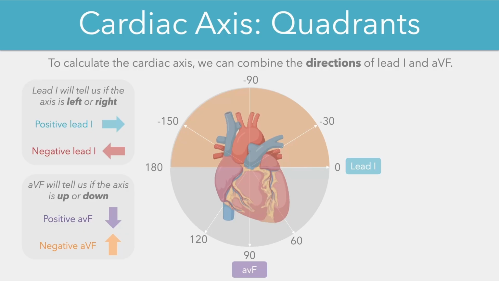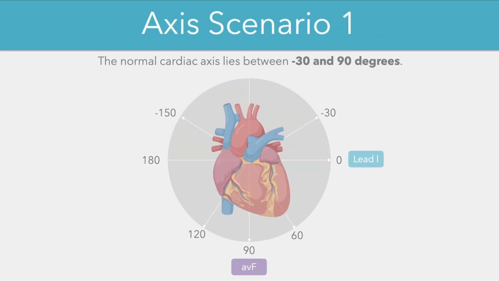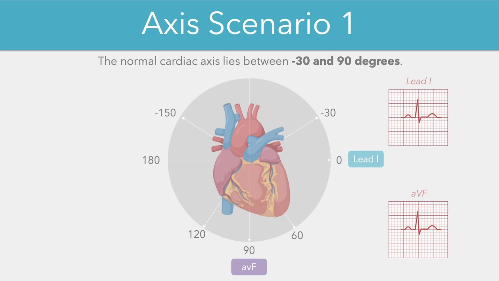To understand how this works, let's take a look at an example scenario where we have the following ECG traces. In this instance, you can see that lead 1 is positive, which means that the impulse is traveling towards lead 1 and thereby occupying the left-hand region of the heart. At the same time, we can also see that lead AVF is positive.